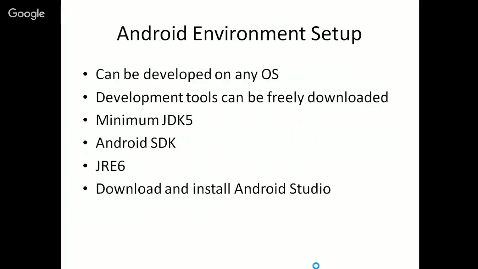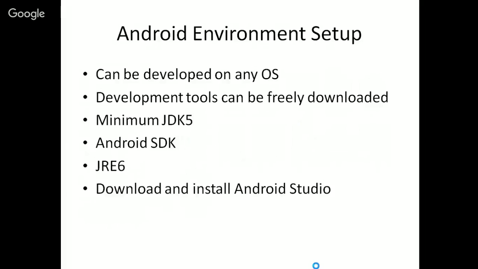If we move forward to know about how the environment can be set up for Android, Android can be developed on any operating system, be it Windows, Mac, or Linux.